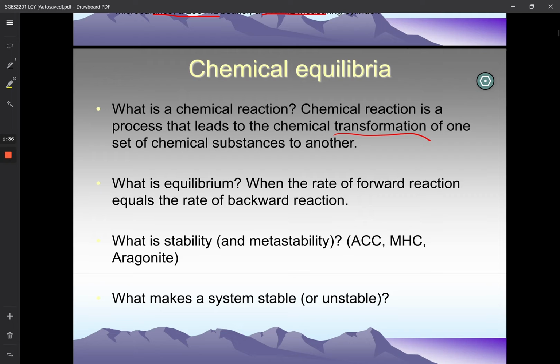And then what is stability and metastability? This is another term used to describe the phases, the stability of a substance. For example, in a solid state, ACC, which is amorphous calcium carbonate, or MHC, monohydrocalcite, or aragonite, or any other minerals.